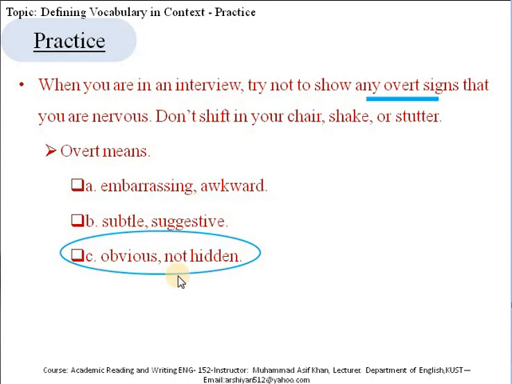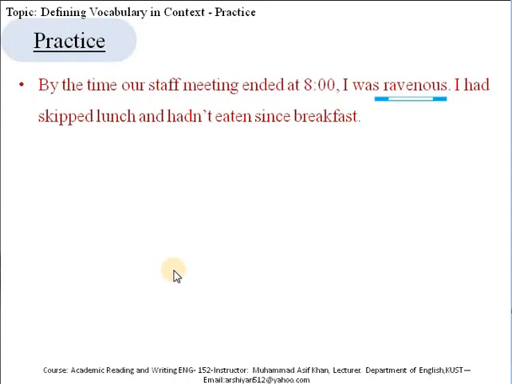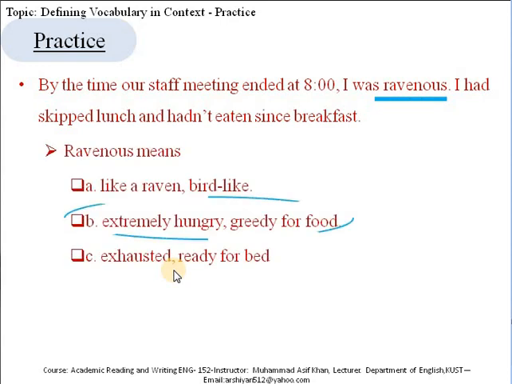Now we are moving towards the answer of the third practice, and the answer is B, because the writer hadn't eaten since breakfast, so she is extremely hungry, and she is greedy for food. The option C may also be correct, that is exhausted, but the context tells us that this word has something to do with eating, because she is saying that by the time our staff meeting ended at 8 o'clock, I was ravenous.